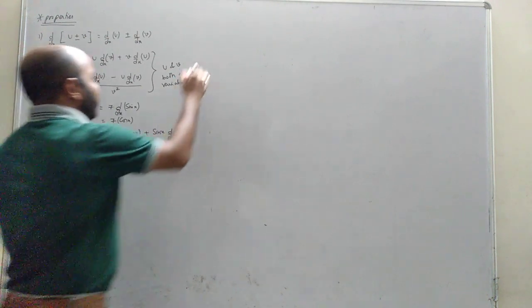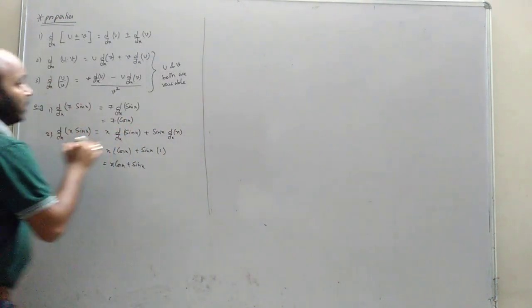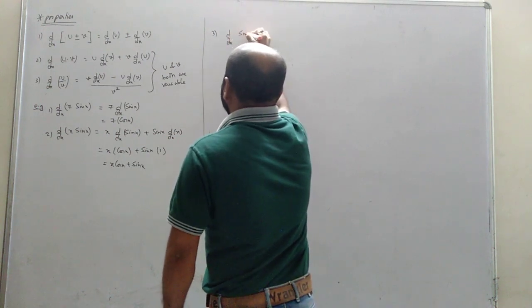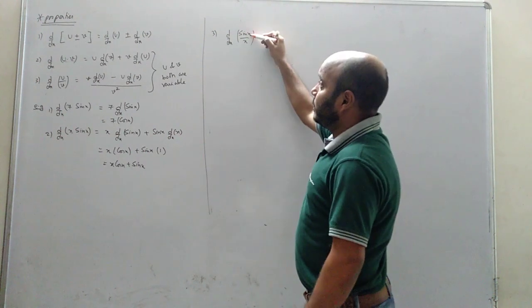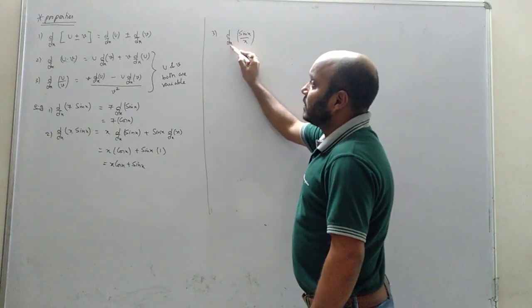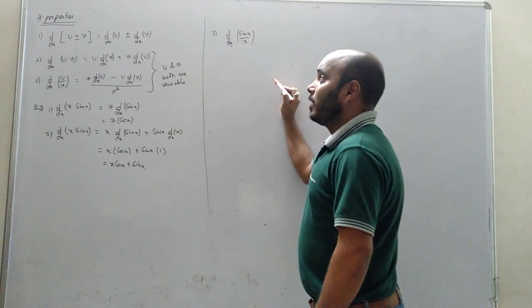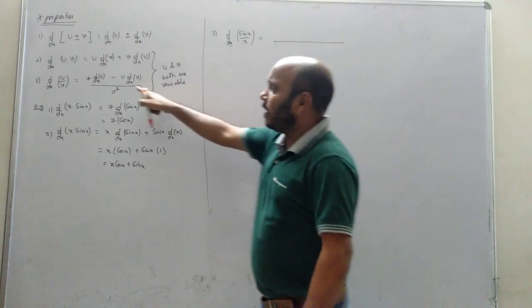Okay, similarly let's take one more example: example 1, example 2, example 3. If I write like this, d/dx of sin x by x, now this is what? Variable by variable. x is a variable, we have a variable here also, and here also. So it is variable by variable, numerator by denominator, so we need to apply this formula.